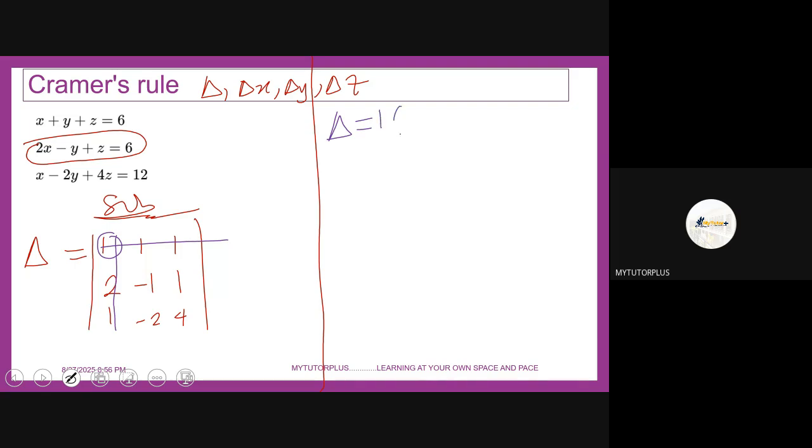That will be 1 open bracket minus 1 times 4, that will give us minus 4, minus, then minus 2. Minus minus 2 will simply give us plus 2, right? Yes.